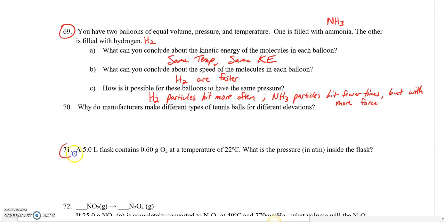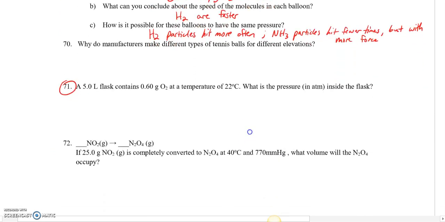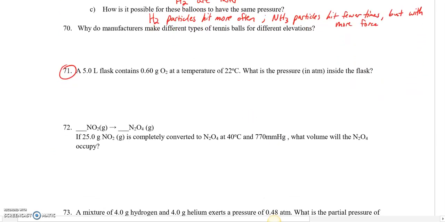Next is number 71. We've got a 5-liter flask containing 0.6 grams of oxygen at 22 degrees Celsius. What's the pressure inside the flask? This is a PV equals nRT problem. We're looking for pressure. The volume of the container is 5 liters. We change 0.6 grams into moles by dividing by the molar mass of O2.